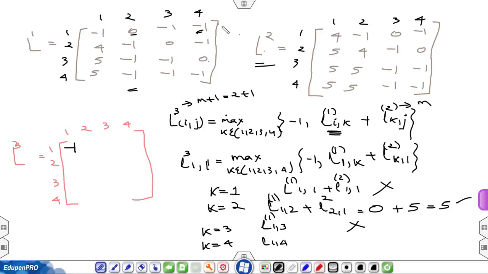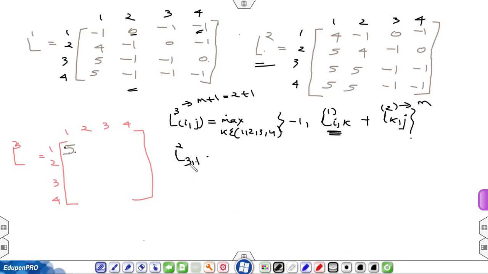It is negative, no need to write the second term, invalid. So the more you practice, the faster you will be able to calculate this. So the answer is 5.